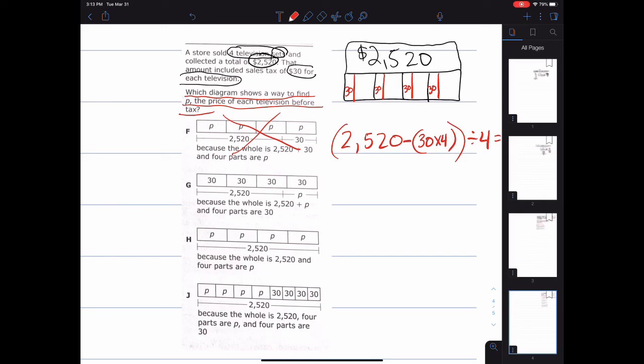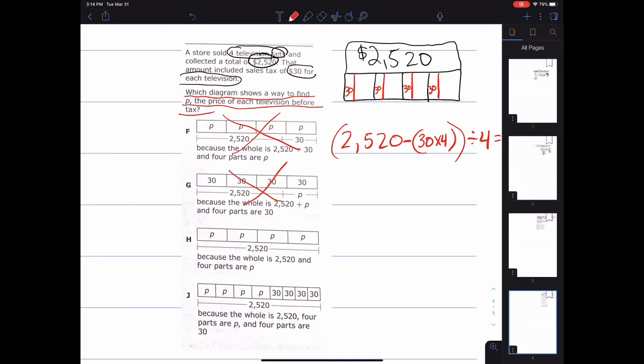I can also eliminate G. Now, H has 2,520 as my total, and J has 2,520 as my total. My strip diagram looks a little bit different than the two that are left. But I noticed that J has 4 sections for the 4 TVs and the tax on each one of the televisions.